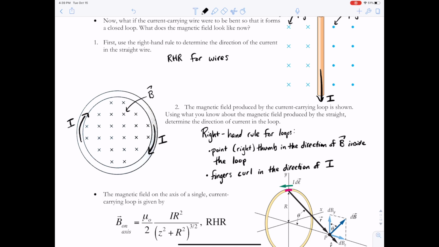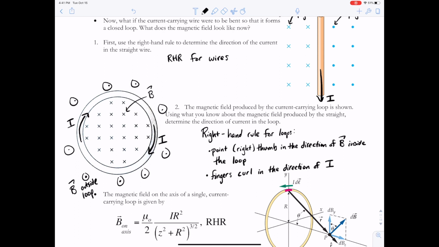And remember, magnetic field exists in loops. So if the magnetic field produced by this wire is pointing into the page on the inside of the loop, it must also be pointing out of the page on the outside part of the loop. So that is our magnetic field outside the loop.